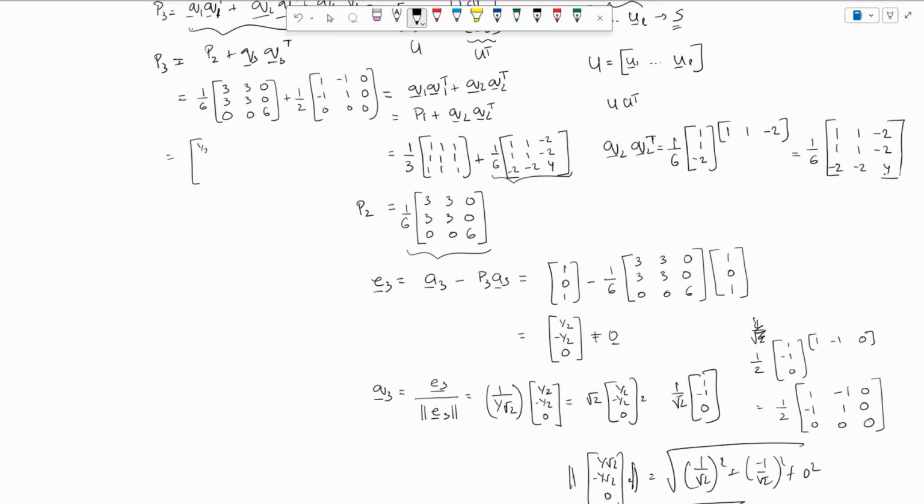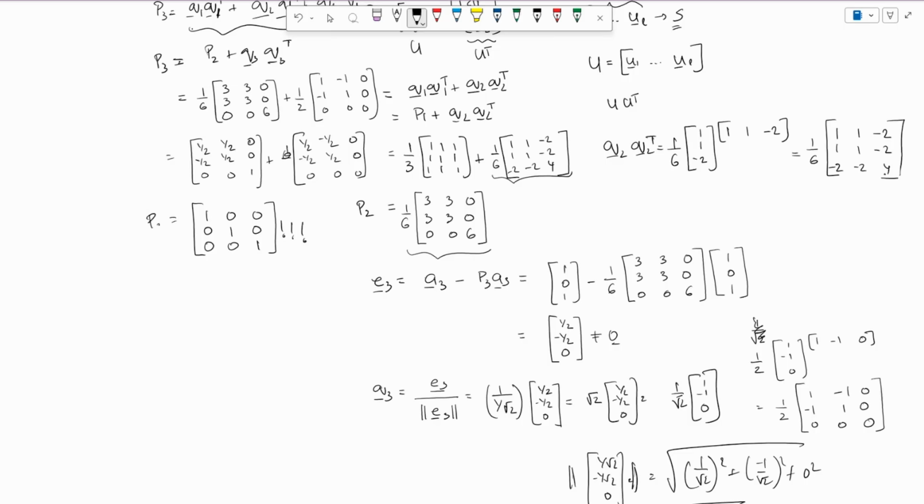So this will be half, half, 0, half, half, 0, 0, 0, 1, plus half, minus half, 0, minus half, half, 0. What will that come out to be? You got the identity matrix.